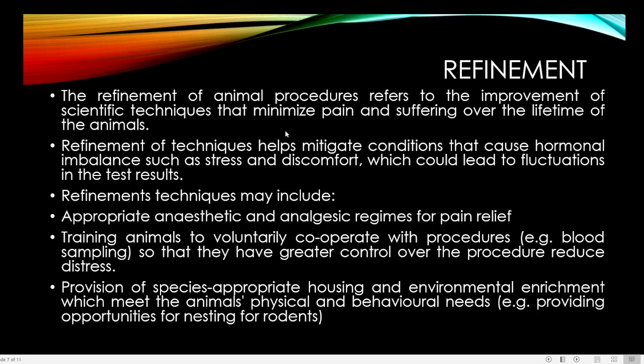All these are the responsibility of the scientist. Refinement of the techniques helps to mitigate, meaning reduce, conditions that cause hormonal imbalance such as stress and discomfort. Just like human beings, if there is some kind of discomfort, animals also experience psychological stress, and that psychological stress can greatly reduce their lifespan later. It is the same in humans.